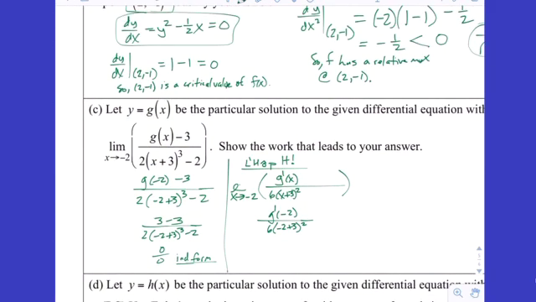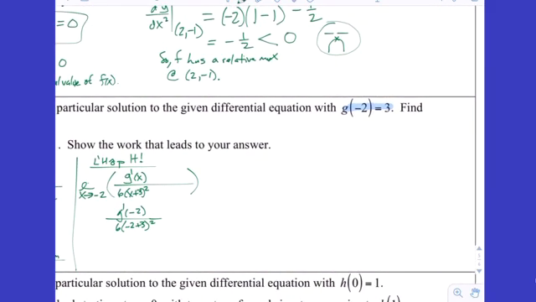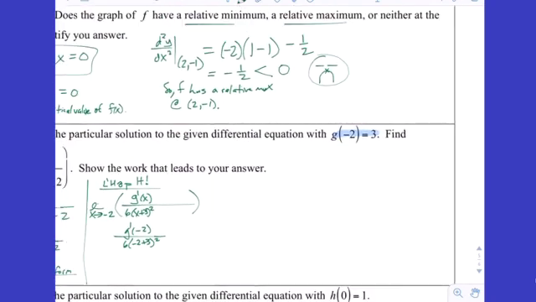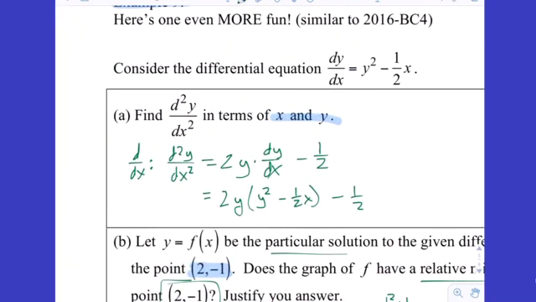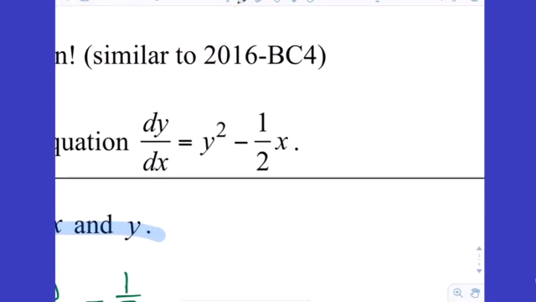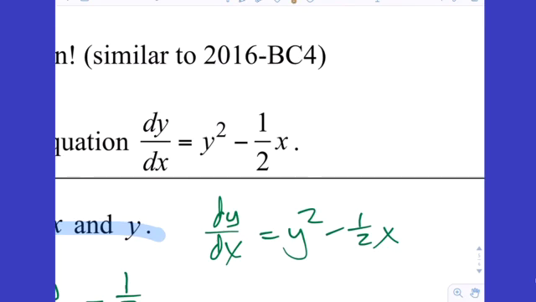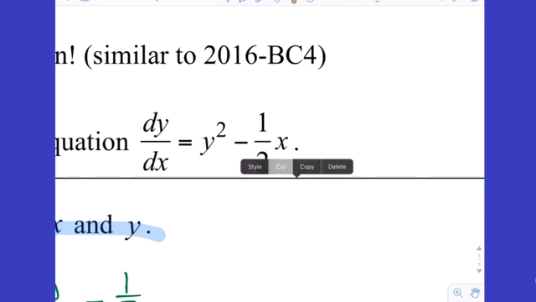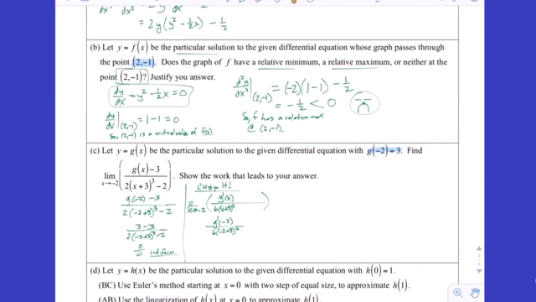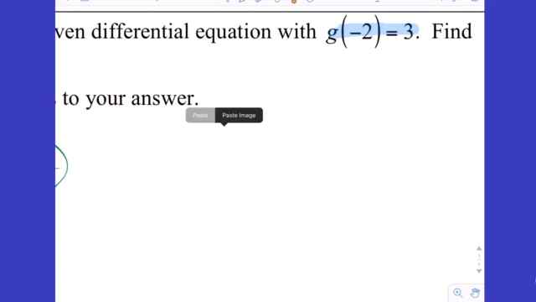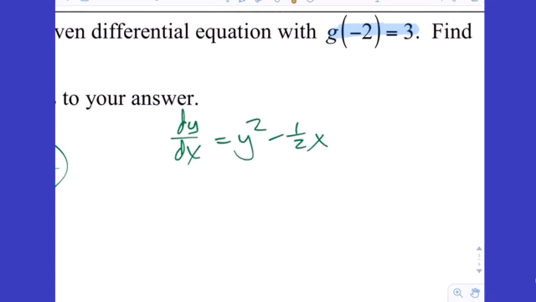We need to find g prime of -2. How are we going to find g prime of -2? Plug it into the derivative, right? They gave us the derivative. It says that dy/dx is equal to (y squared minus 1)/(2x). So I'm going to cut it and paste it right here. And notice our derivative requires both the x and the y value to evaluate it.